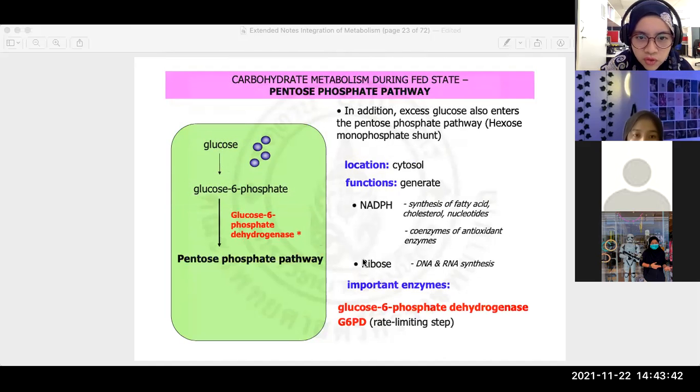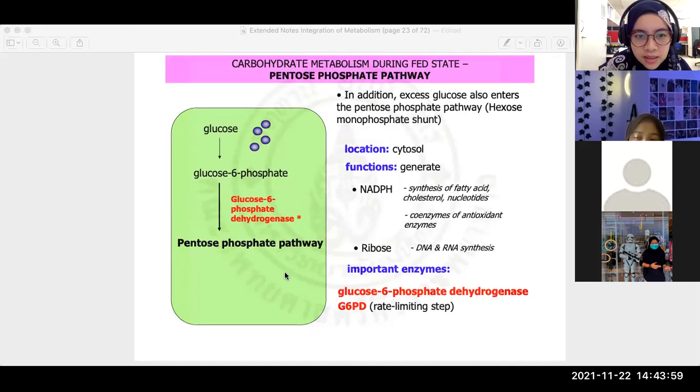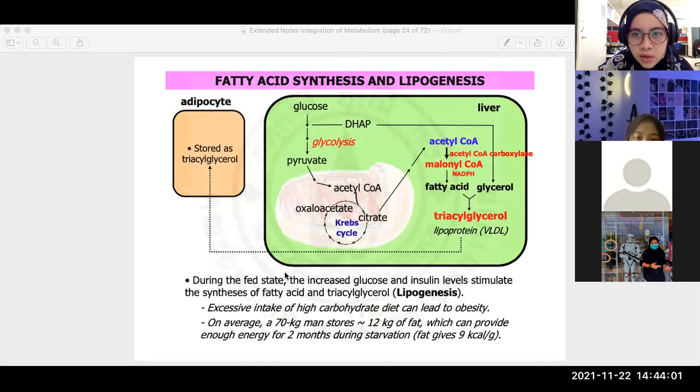This is the pentose phosphate pathway, which we will be covering later this semester. But just so you know, glucose can also enter this pathway, again for the generation of energy. During the fed state, we won't only be eating a carbohydrate meal.